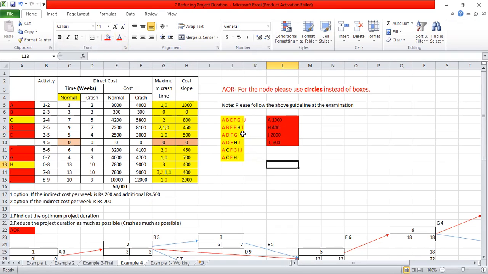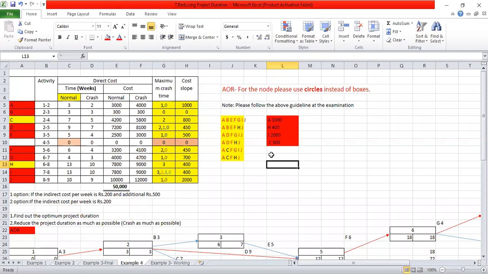So we are remaining with H and C. H is not common for all this path, right? Both C and H, the letters in black color, are not common for all these paths. As all these six paths are now critical, there is no common activity to crash further. That means this is the maximum reduction that we can do for this project.